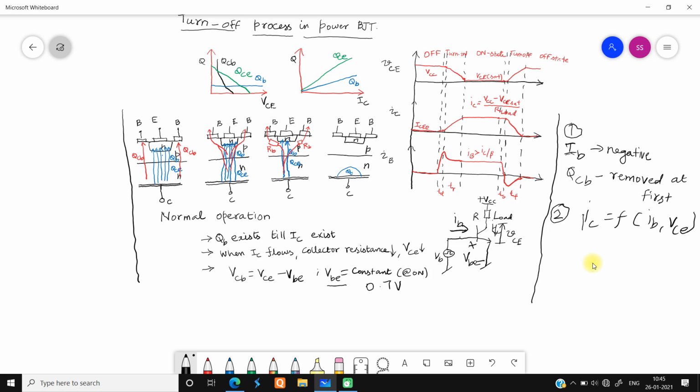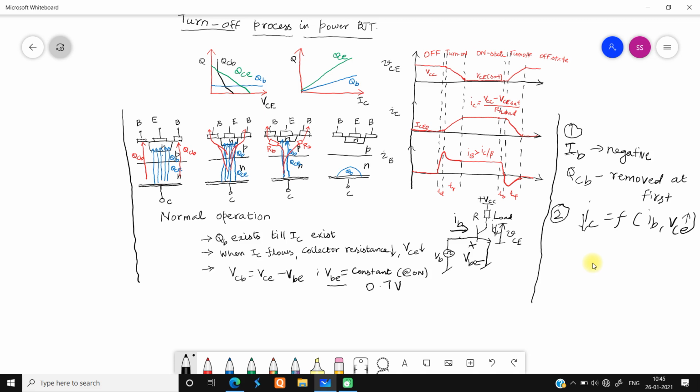Since IC is going to be decreased, the VCE will be getting increased. Since IB is going to be decreased, VCE will be increased as per the linear characteristics.